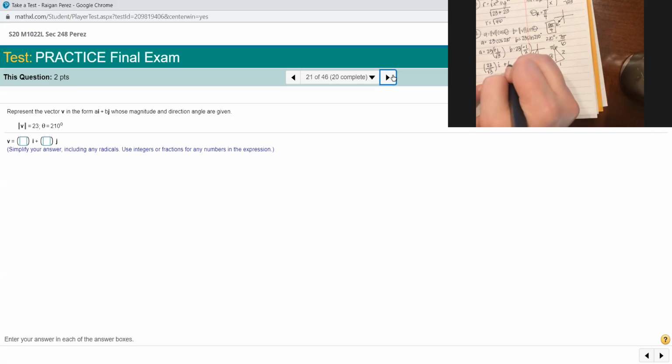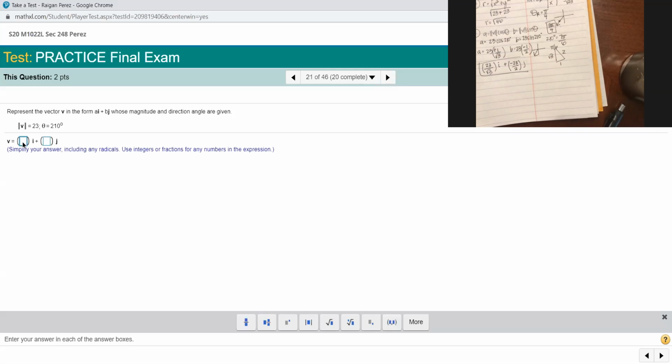Plus, right here, we're going to put in negative 23 over 2. So, 23 over square root of 3 i, and j negative 23 over 2.